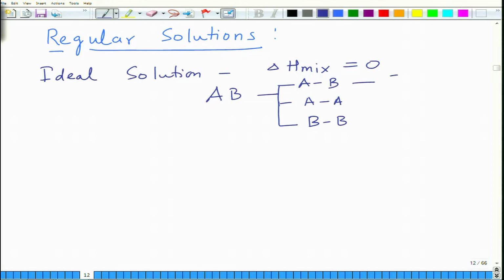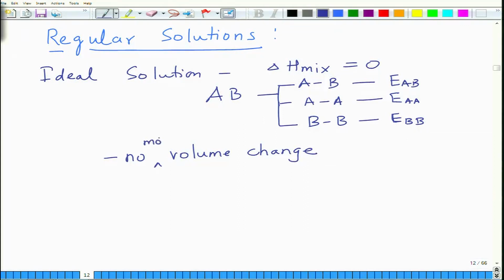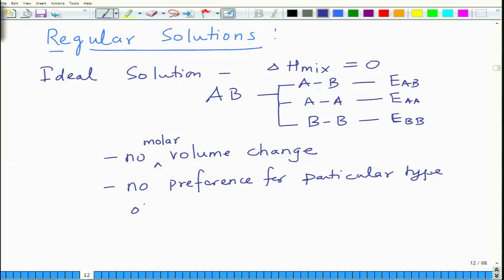So, correspondingly you will have bond energy EAB, bond energy EAA, and bond energy EBB. So, delta H mixing is 0 because there is no change in the internal energy, and that is because first of all there was no molar volume change, and there was no preference for a particular type of bond.